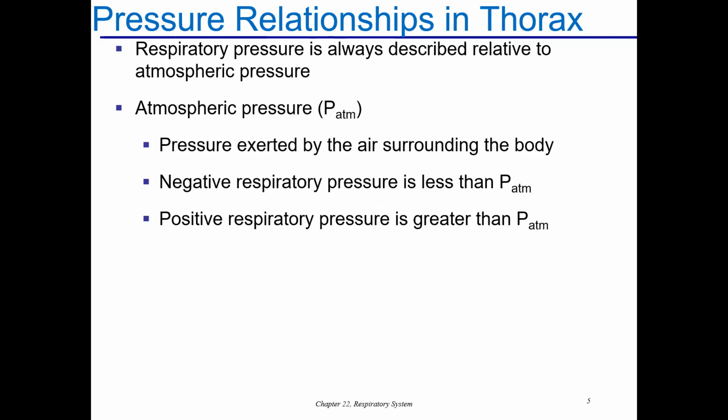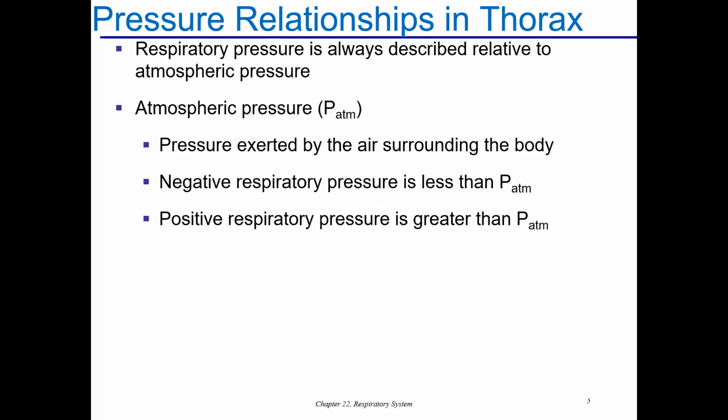The pressure of that air pushing down on us is about 760 millimeters of mercury. We don't notice it because we are exposed to it all the time, so we don't feel the pressure. However, it is pushing down on us all the time. That air, the pressure of the atmosphere, pushing on us constantly, 760 millimeters of mercury pressure.